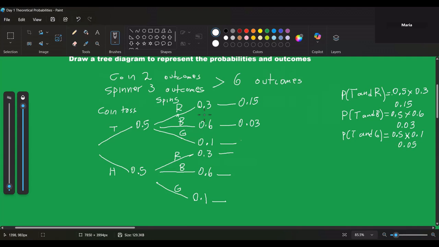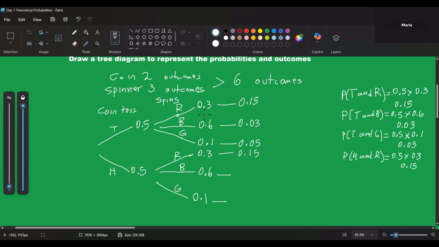Yes, 0.05. Now we do the same thing for the heads. What about landing a head and the color red? It will be 0.5 times 0.3. It happens to be equal to the first one, a tail and red, right? Yes, 0.15.